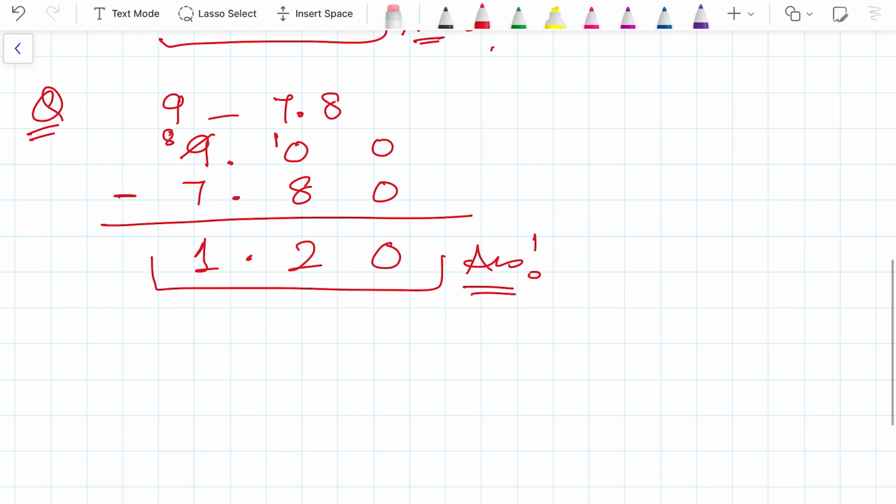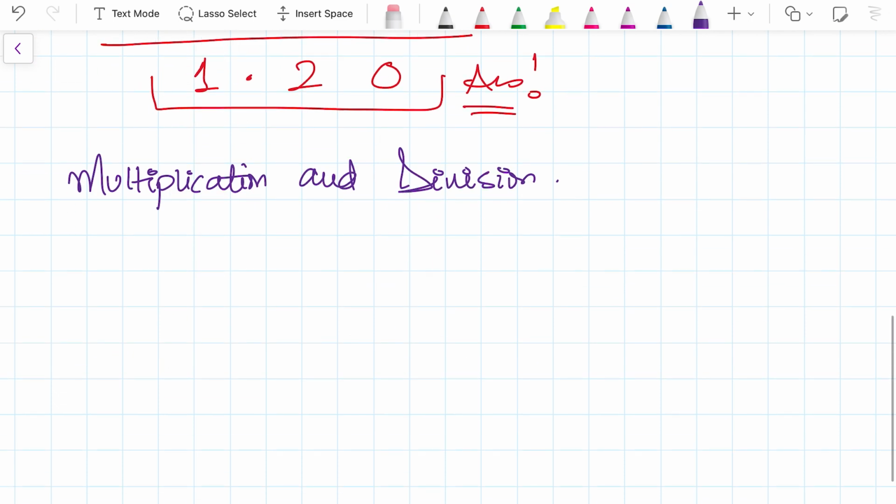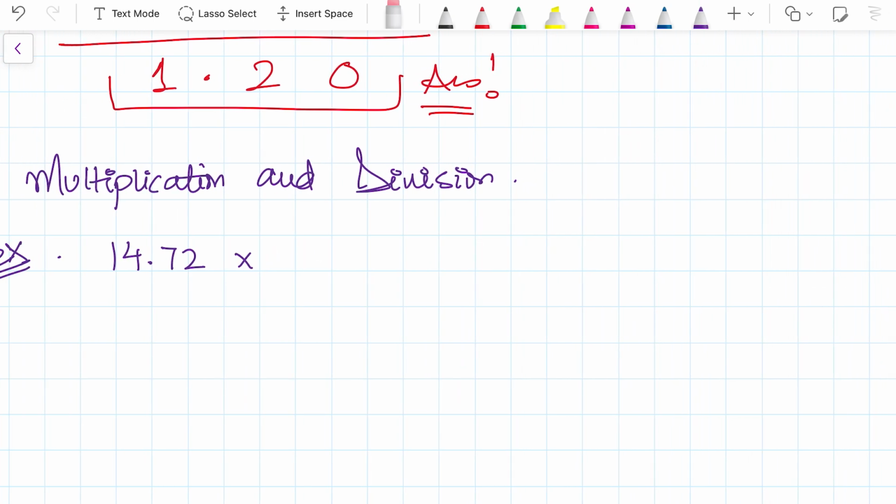Alright, now let's discuss the multiplication and division concept. .72 into 1.2. Okay, so let's discuss multiplication with a whole number right now.